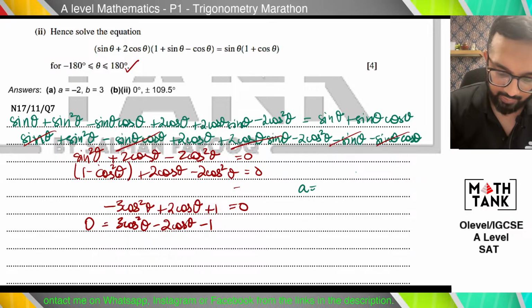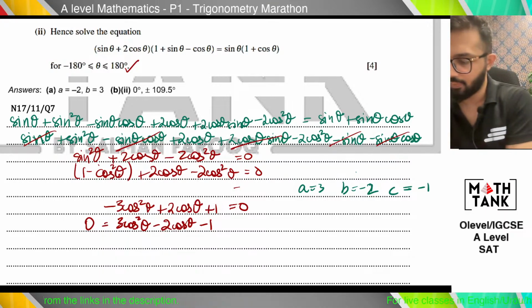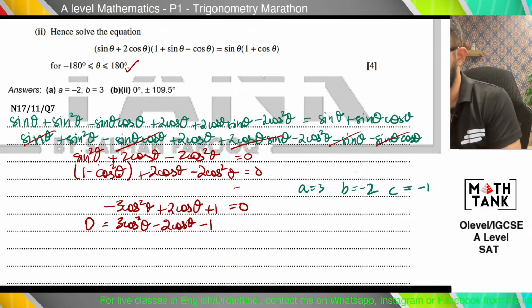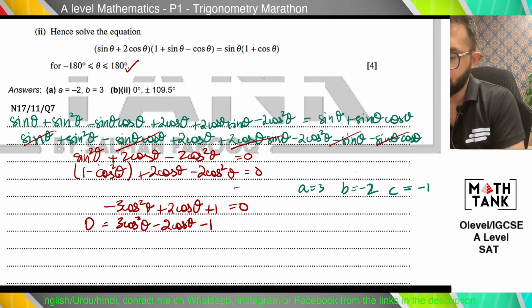A is 3, B is minus 2, and C is minus 1. One and minus 0.33.